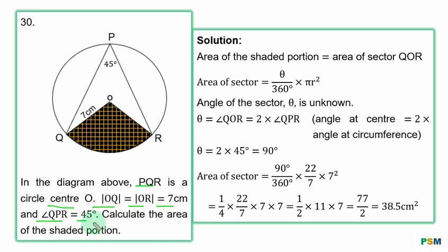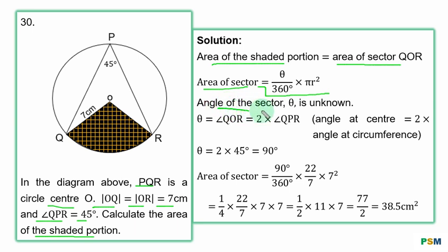Calculate the area of the shaded portion. Solution. Area of the shaded portion is equal to area of sector QOR. Area of sector is given by this formula.